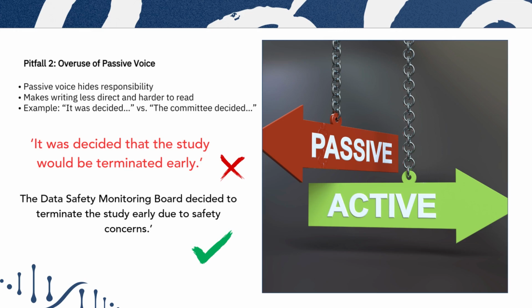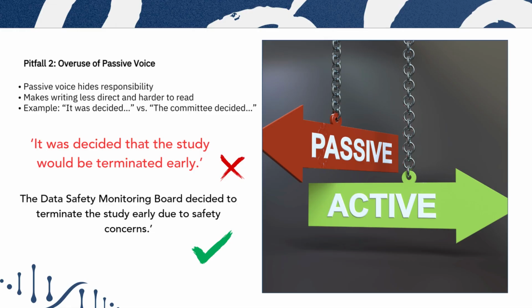Think about regulators reviewing documents. They want to know exactly who made a decision. Or think about internal colleagues reading an insights report. They need to understand which stakeholder said what. Passive voice blurs that clarity. Now there are times when passive voice makes sense. For example, the samples were stored at minus 80 degrees Celsius.